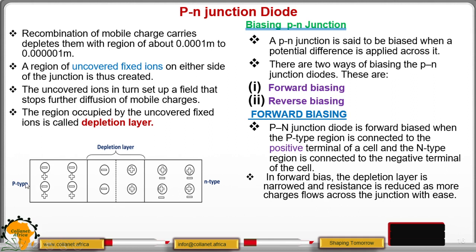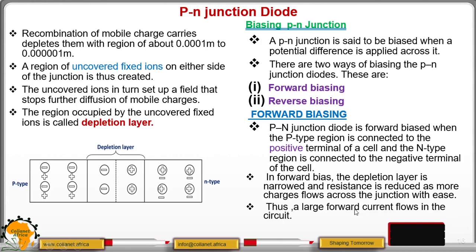Remember, as you connect p-type to the positive and the n-type to the negative, you are encouraging the flow of mobile charges. In other words, the positively charged carriers will move and the negatively charged carriers will move. That way, the depletion layer is reduced and more charge carriers will flow across the junction.